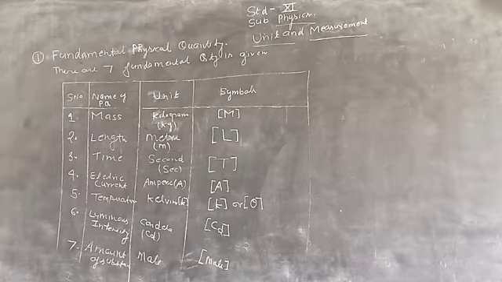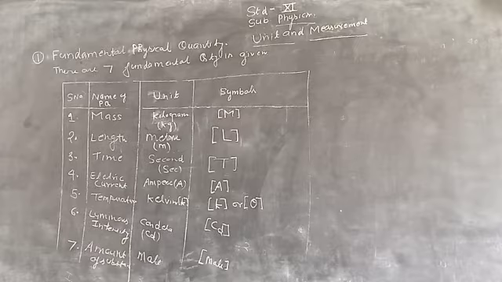These 7 fundamental quantities we have to remember: mass, length, time, electric current, temperature, luminous intensity and amount of substance.